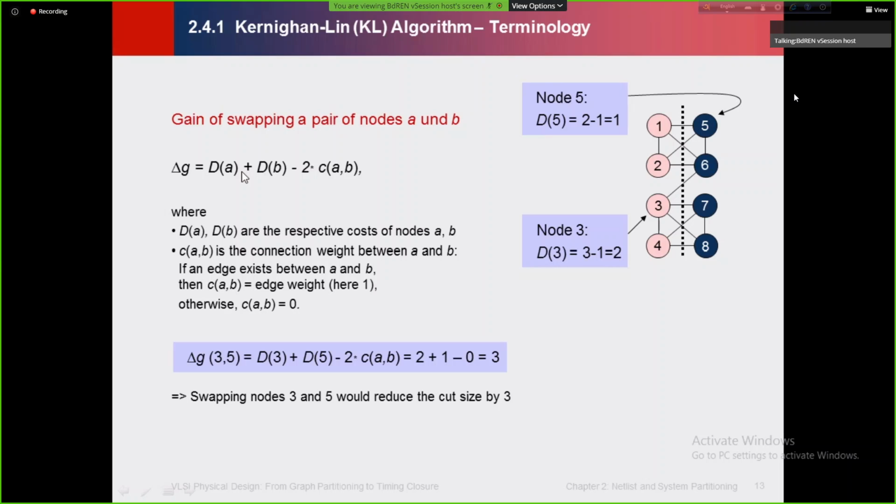And cost of 5 is 2 minus 1, so that means 1. Minus 2 into the connection between 3 and 5. You see, between 3 and 5 there is no connection, so that means 0. So now the gain is 3.